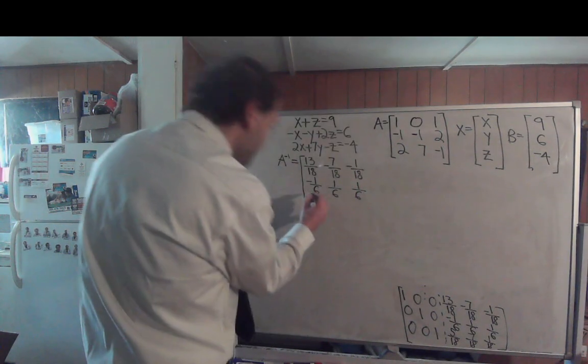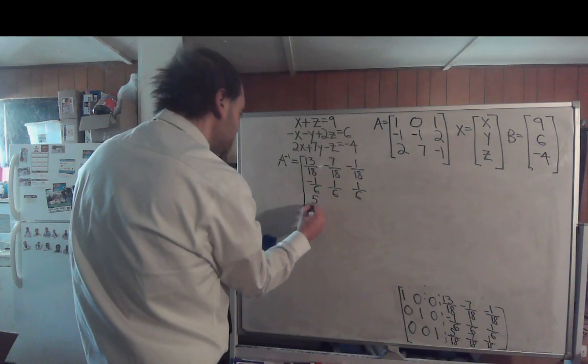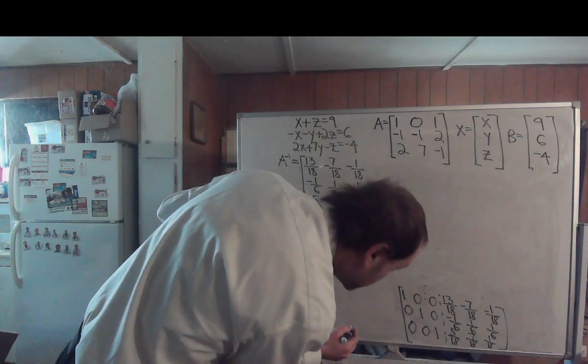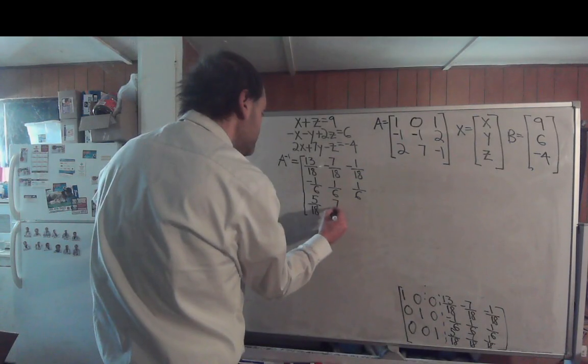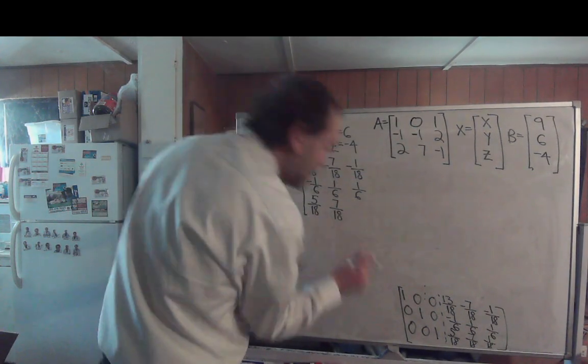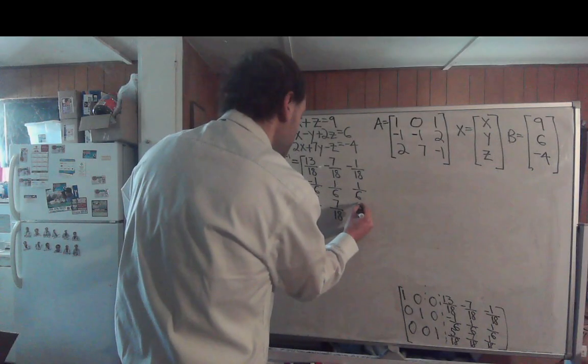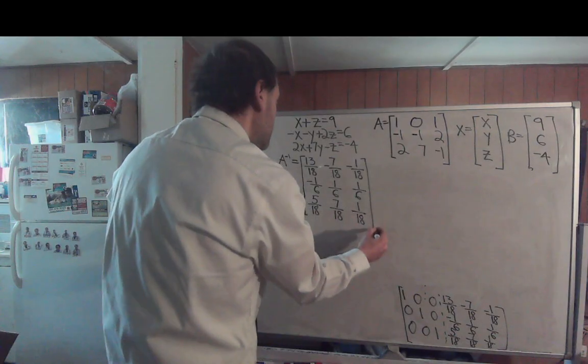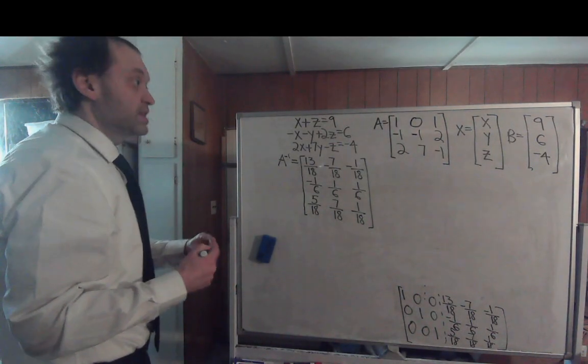Then you'll end up having 5/18, 7/18, and then 1/18. So there's your inverse matrix of A.